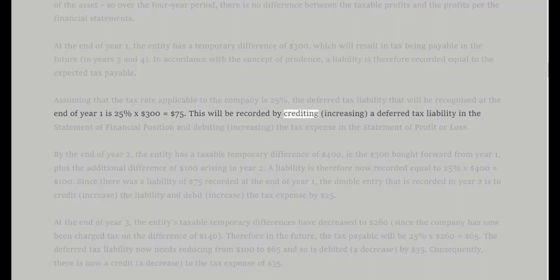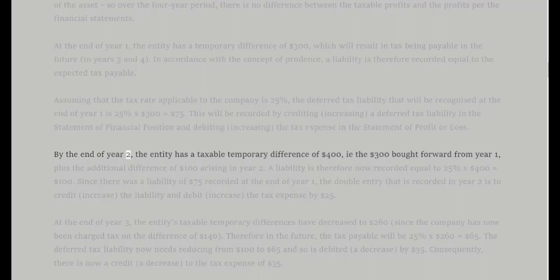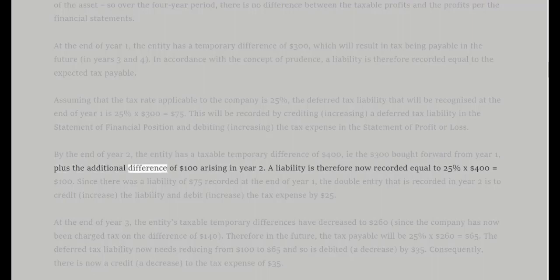This will be recorded by crediting, increasing, a deferred tax liability in the statement of financial position and debiting, increasing, the tax expense in the statement of profit or loss. By the end of year 2, the entity has a taxable temporary difference of $400, i.e. the $300 brought forward from year 1, plus the additional difference of $100 arising in year 2.